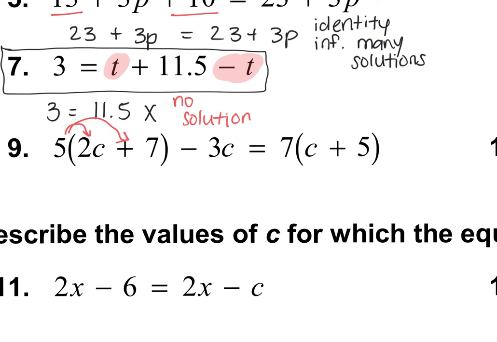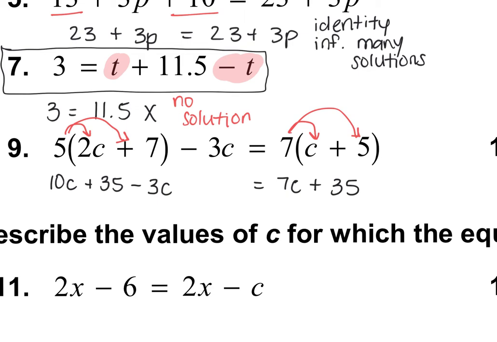So we're going to get 5 times 2c, which is going to give me 10c. 5 times 7, which will give me plus 35, minus 3c equals 7 gets distributed to the c and to the 5. So we're going to multiply 7 and c. We would get 7c plus 7 times 5 is 35.